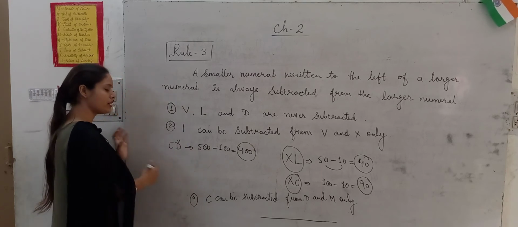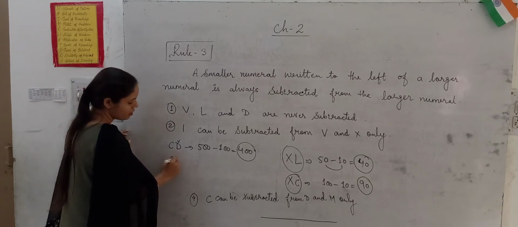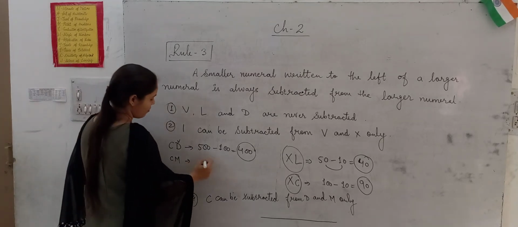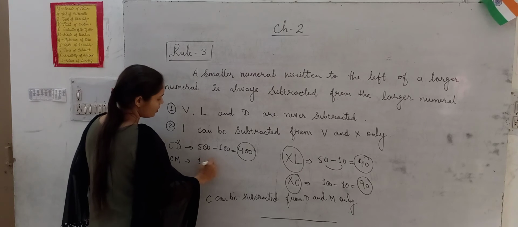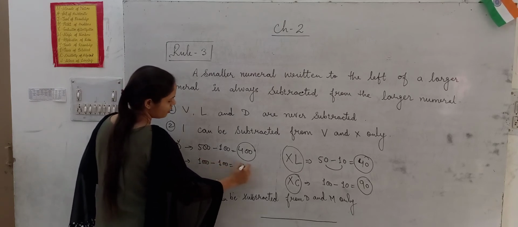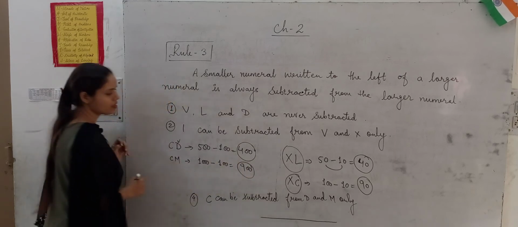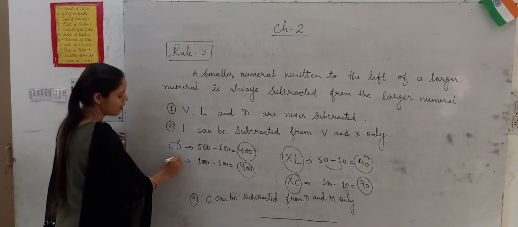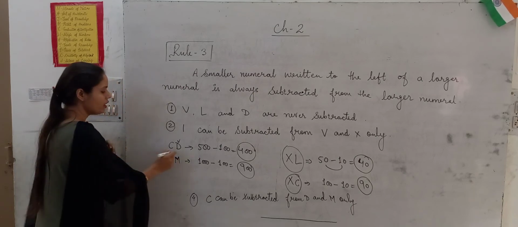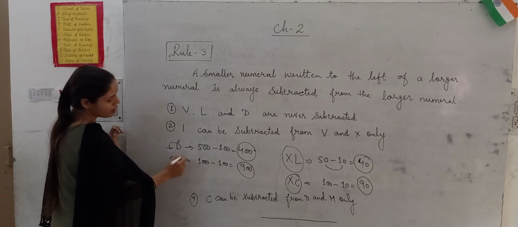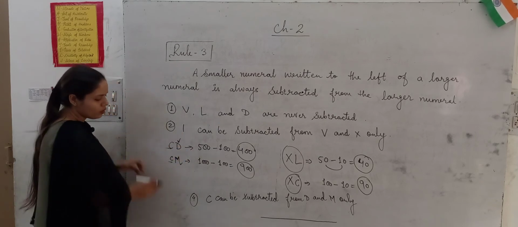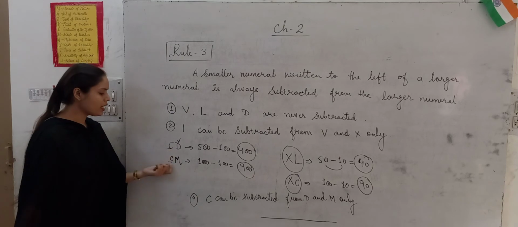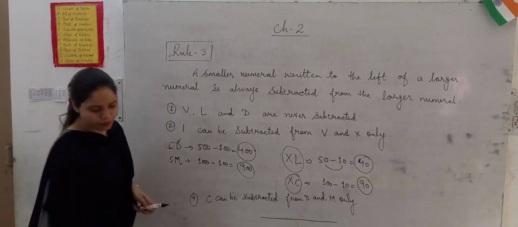Only C can be subtracted from D and M. Again, C and M means 1000 minus 100, which represents 900. C is a smaller numeral in both numbers, and M and D are larger numerals. So, C can be subtracted from D and M only.